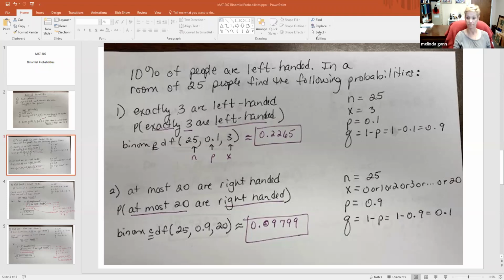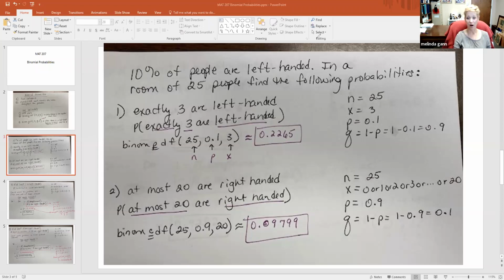Remember, how do you do the complement? You think of all of your sample space and you delete this from it. Now remember, that sample space was 0 or 1 might be left-handed, 2 might be left-handed, 3 might be left-handed, 4, 5, 6, 7, 8, 9, 10, 11, 12.